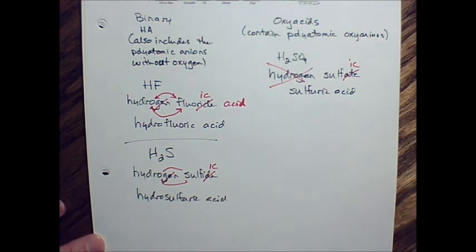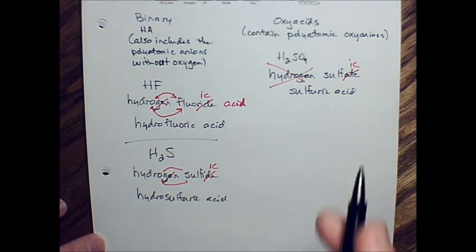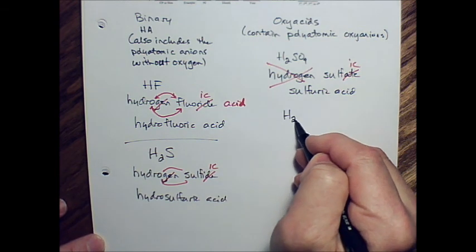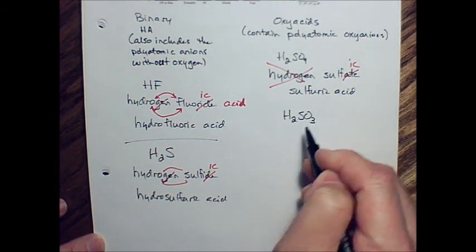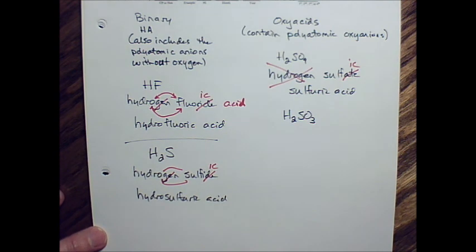All right, hold on, don't put it away yet. Let's look at this one. What's the name of this anion? Come on, I just wrote it up there. That's not sulfate anymore. It's sulfite.